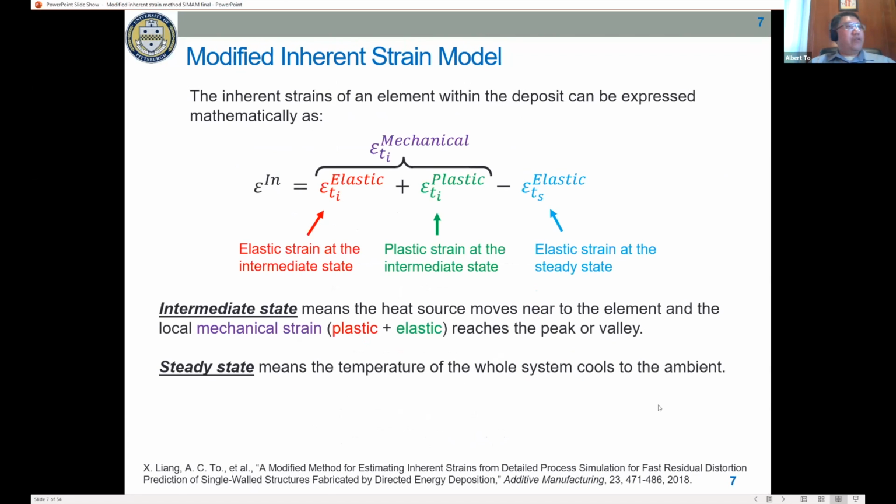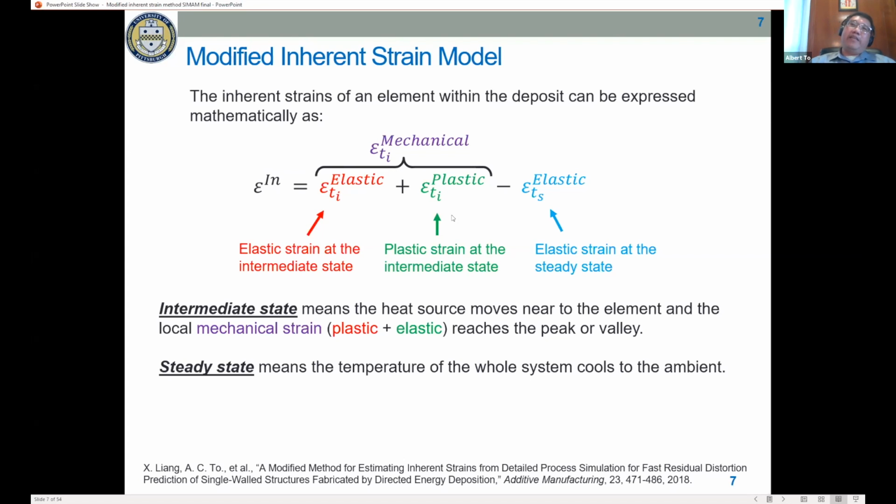So anyways, we were proposing a new model such that we can extract the inherent strains from a detailed process simulation directly, so that we don't have to do an extensive inverse problem to get the inherent strains. So this is the new definition that we're proposing.